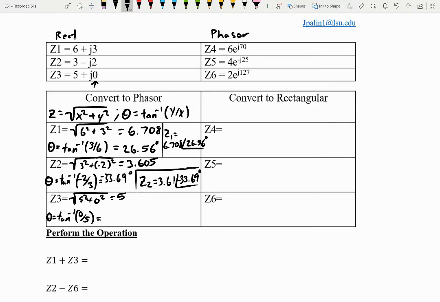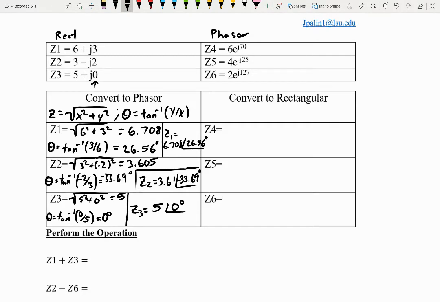That'll give us an angle of 0 degrees. So z3 is 5 at 0 degrees. So that's how to convert from rectangular to polar.